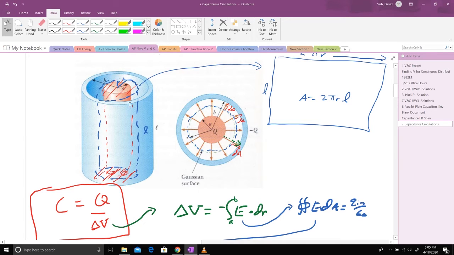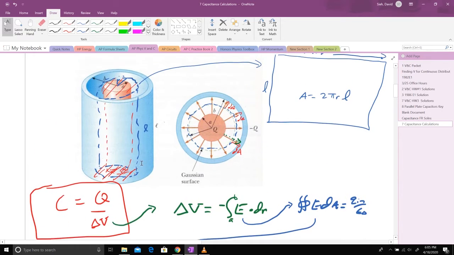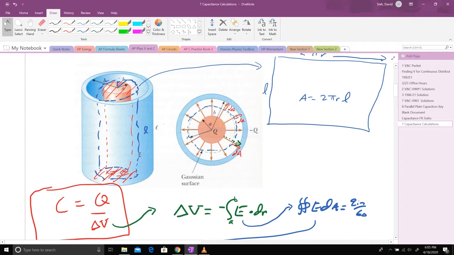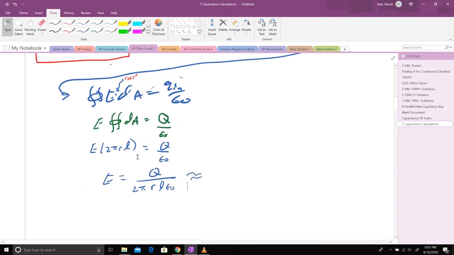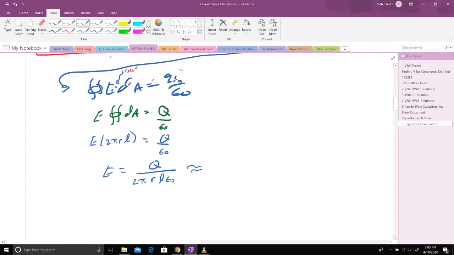Now, a lot of people like to talk about what if I took this cylinder and made it really long. What you'd basically have is a coaxial cable, with some insulation in between. And so we might be interested in knowing how much charge I can store per meter of length. So I might be interested in the charge per length, which we usually give the symbol lambda.